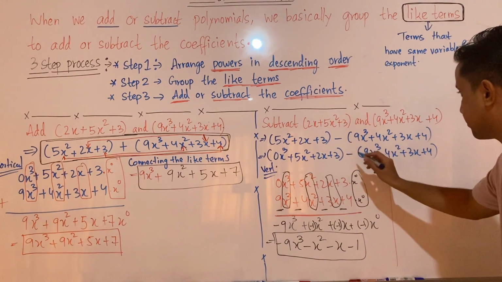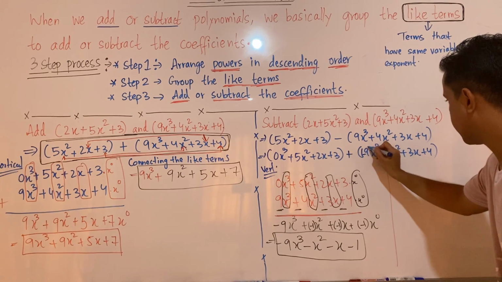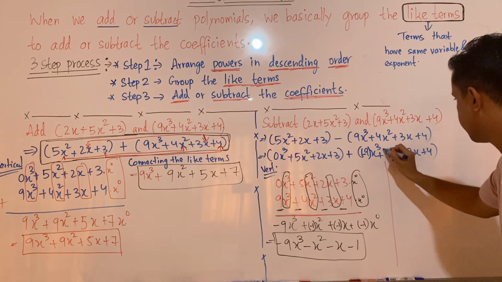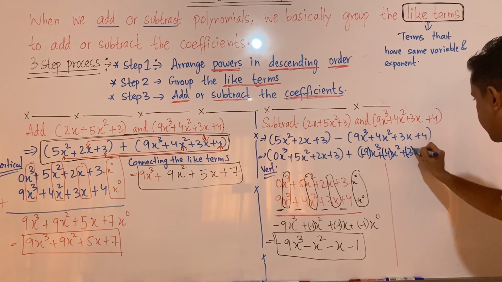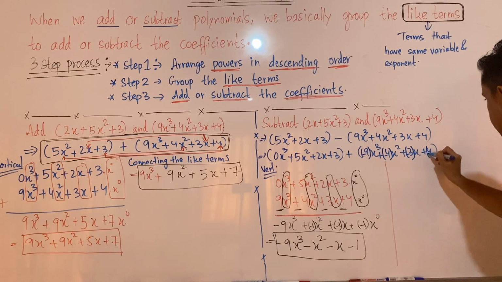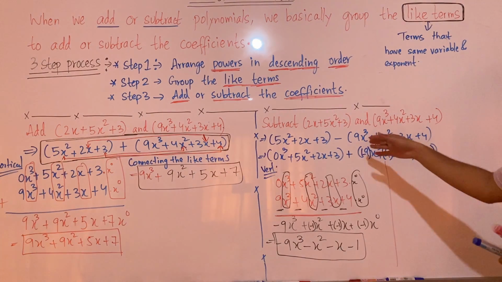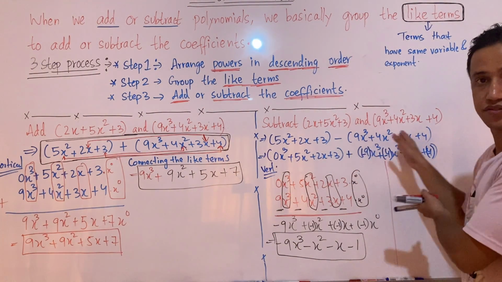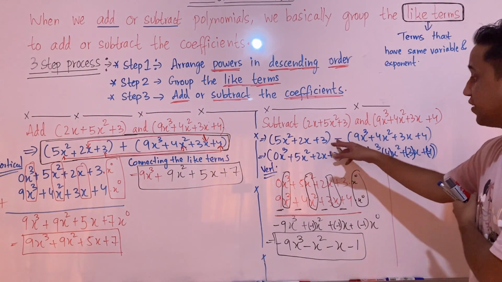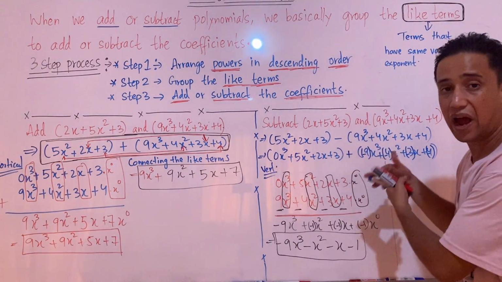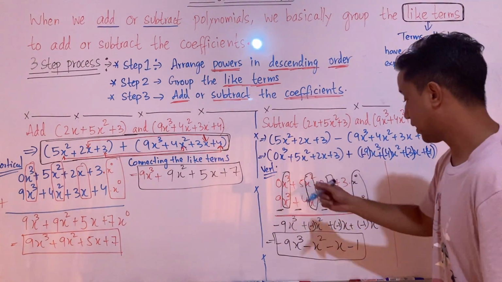Can I make here plus and here minus 9, here minus 4, here minus 3, and here minus 4. What I did is I multiplied the minus with the coefficients of all the terms, right? So now I am adding them, right?